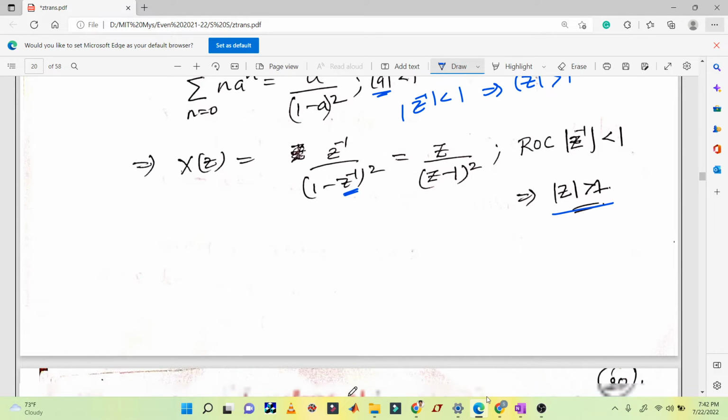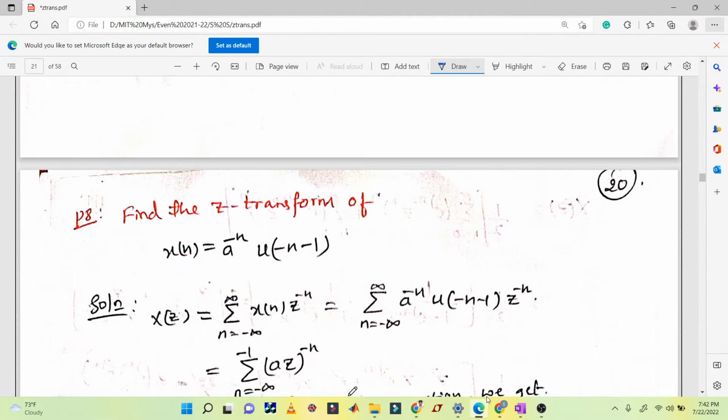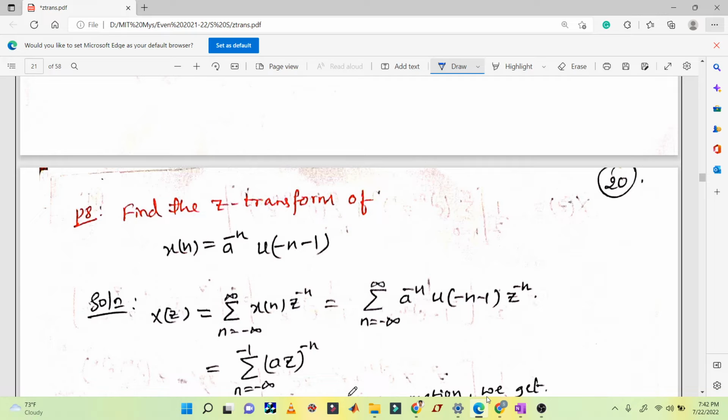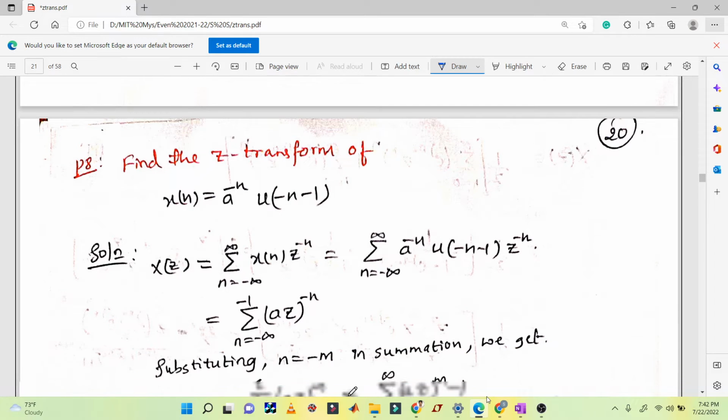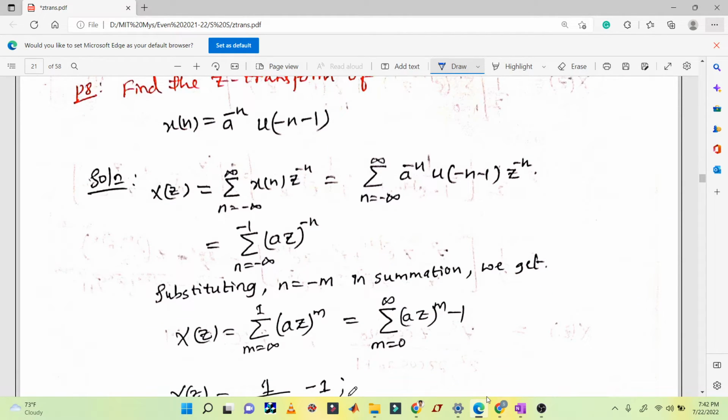Now let us move on to the next one. And yes, this one also we have done. It is left sided, but a to the power minus n is there. Instead of plus n, we have a to the power minus n.